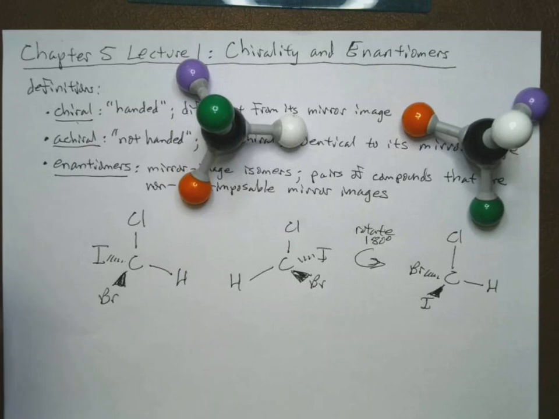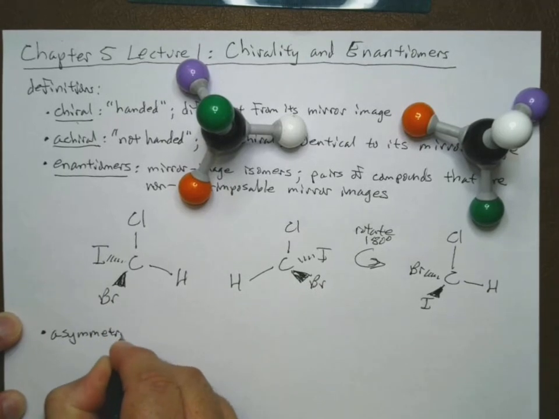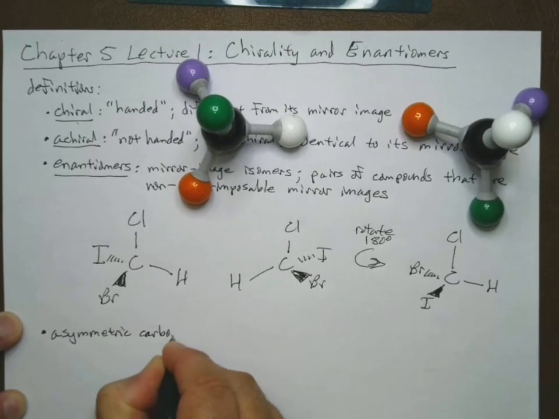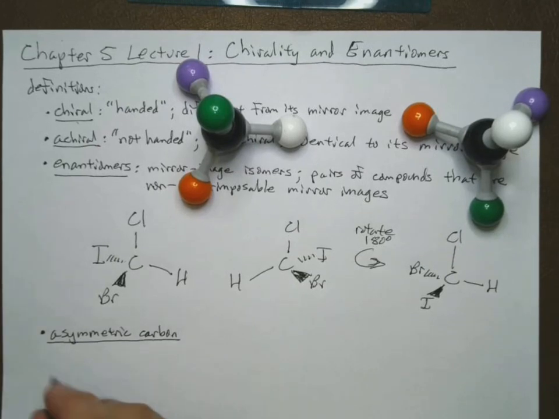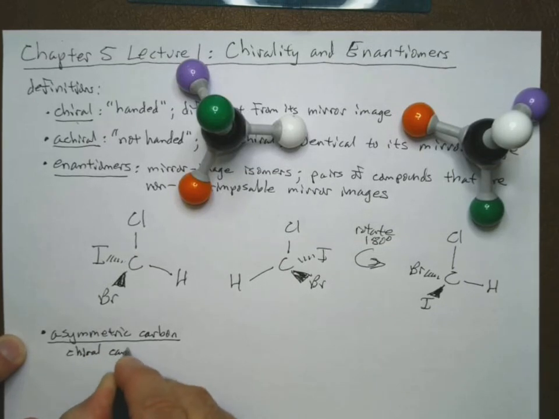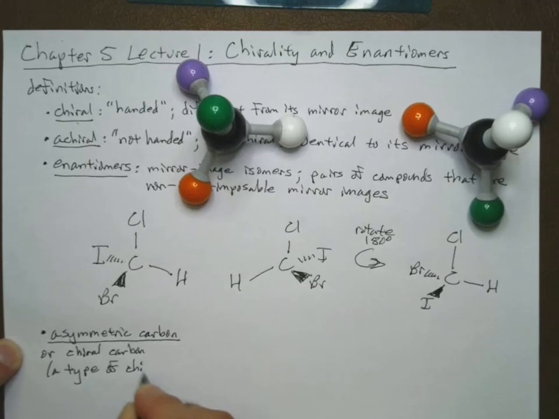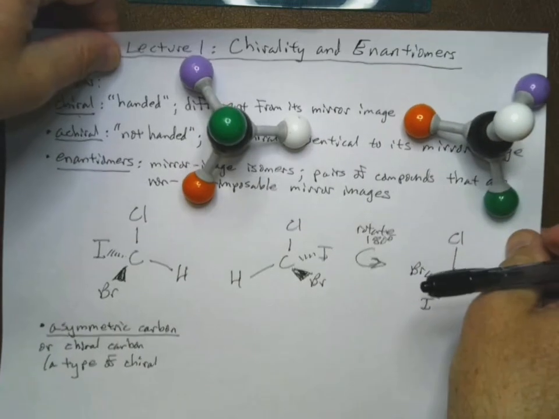Okay. One more definition that I do want to introduce is what we call the asymmetric carbon, sometimes called chiral carbon. And that's a type of chiral center.